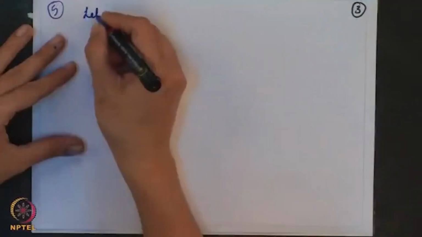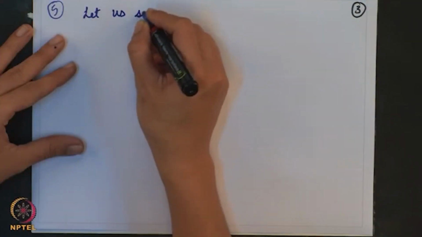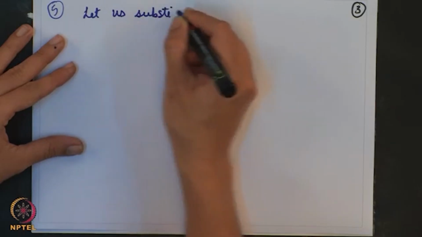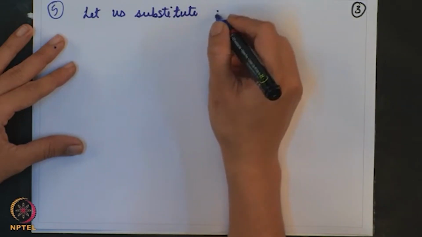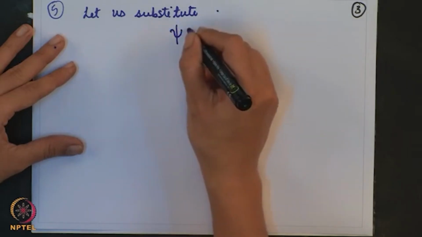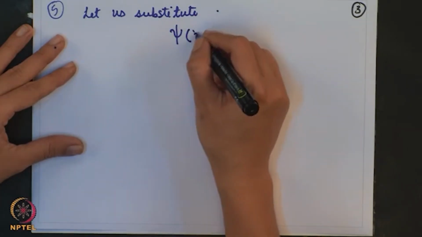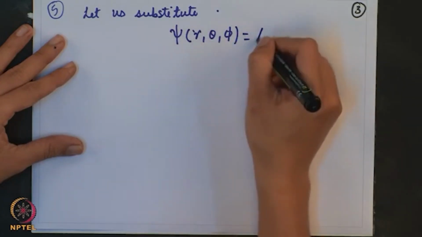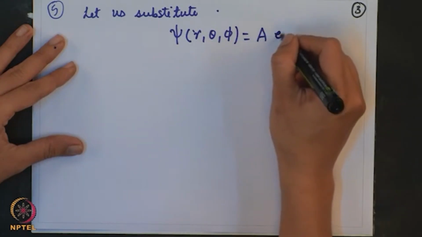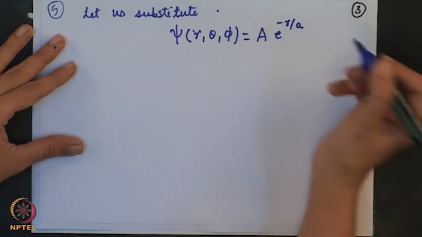So, if the wave function in the radial part, let us substitute psi, we are given r, theta and phi as a e raised to minus r by a.